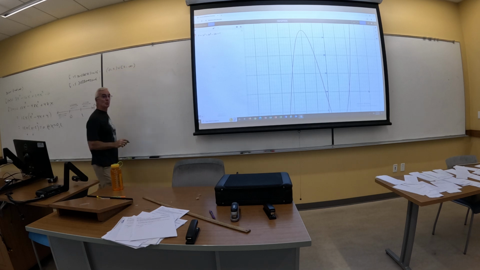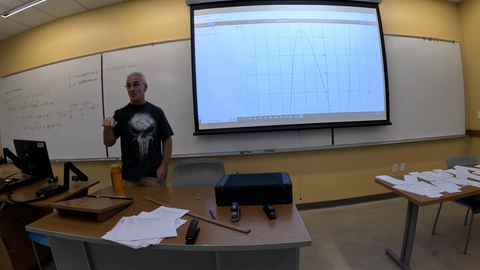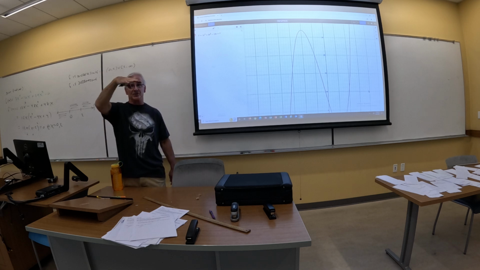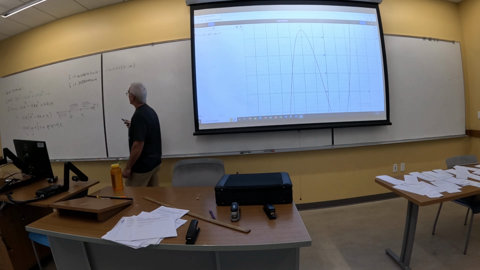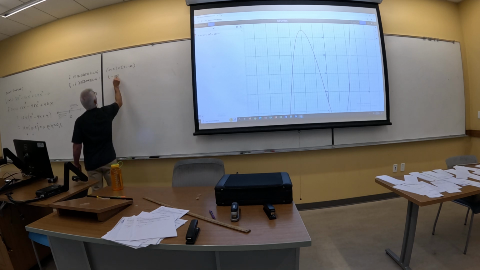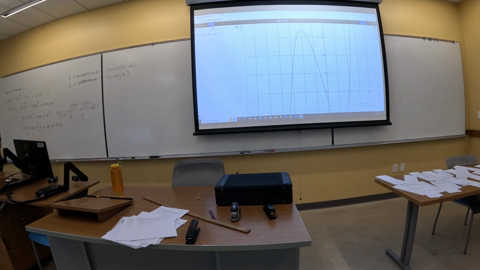I do not say 2 to infinity because it's not increasing at 2. It's got a horizontal tangent at 2. So it's decreasing the rest of the time. You notice these have to be open intervals because where the derivative is 0, it's neither increasing nor decreasing. It's flat. It's not moving in this sense.